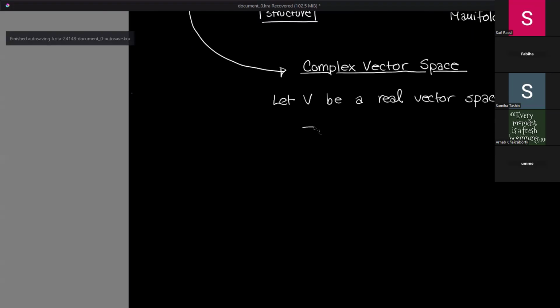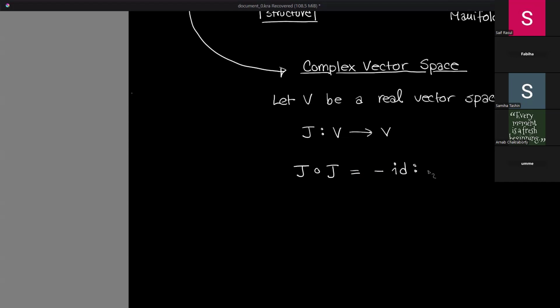If we have a linear map J that goes from V to V such that if we take the square, which really just means J after J, then this has to be equal to the negative of the identity map from V to V.